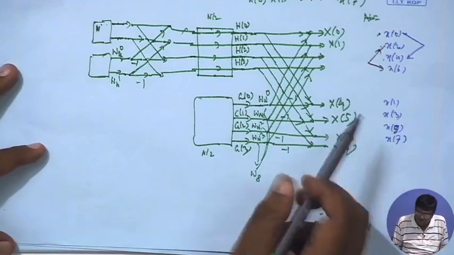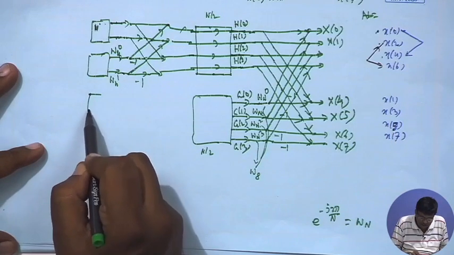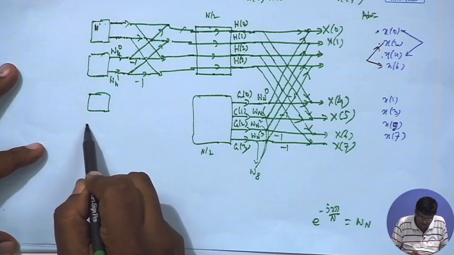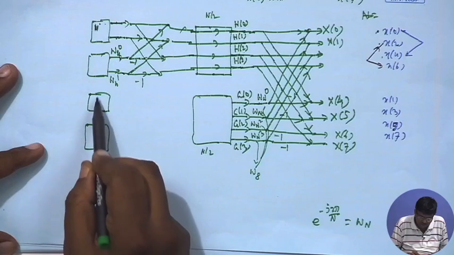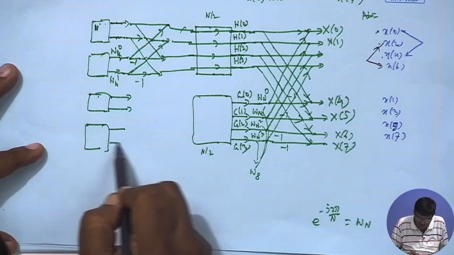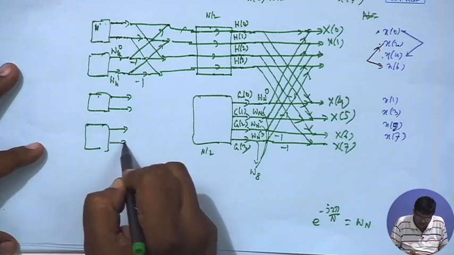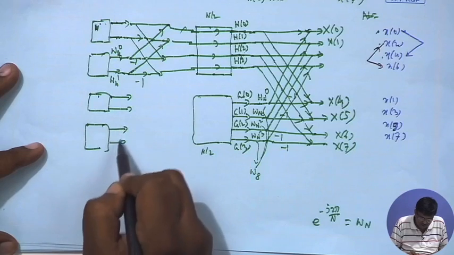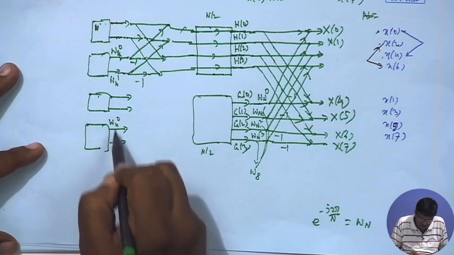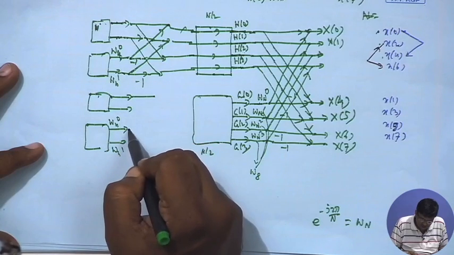Okay. Same way x 1 and x 5, they will come under this box, x 1, x 5 and x 3, x 7 here. N is 4 again. So, W 4 here, W 4 to the power 0, W 4 to the power 1, then this will get added.